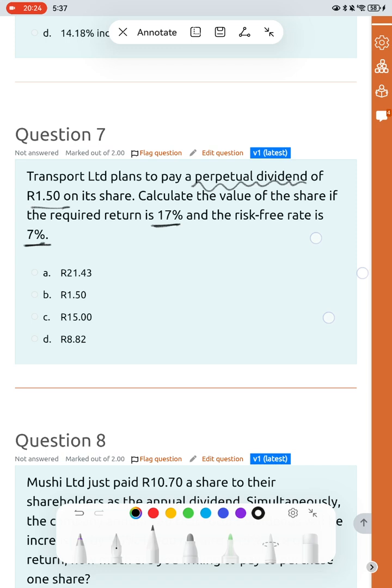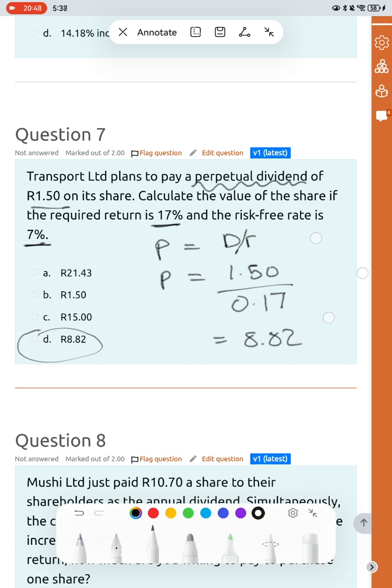So we are looking at the perpetual dividend formula, right? So then what you would do is just substitute in the values that you were given, which was R1.50 that you get perpetually over the required return of 17%, and you will get 8.82, right?